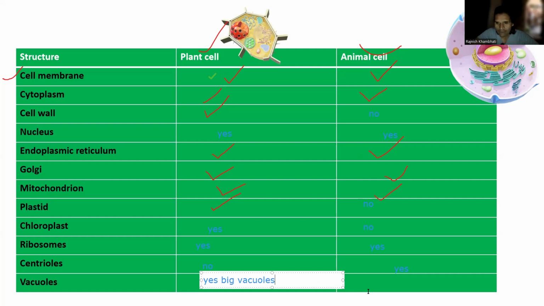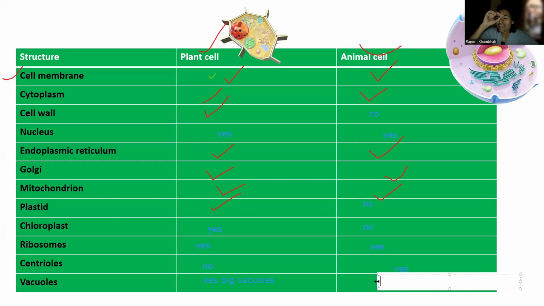Animal cells sometimes have vacuoles, and if they have them, they are very, very small, negligible. Some animal cells do not have the vacuole.